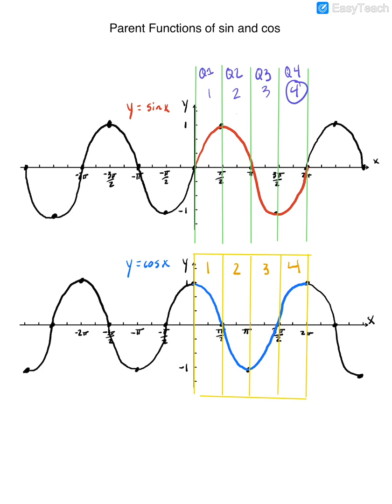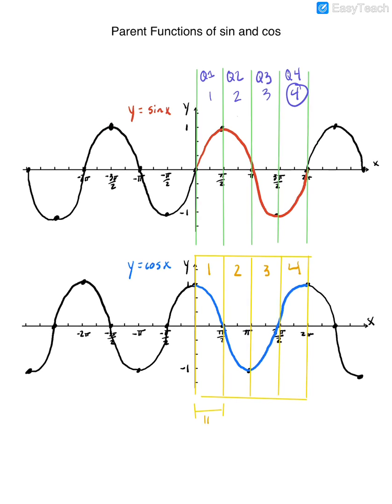So I'm just breaking my graph into equal sections, because this is from here to here, that is pi over 2. That's an interval right there.